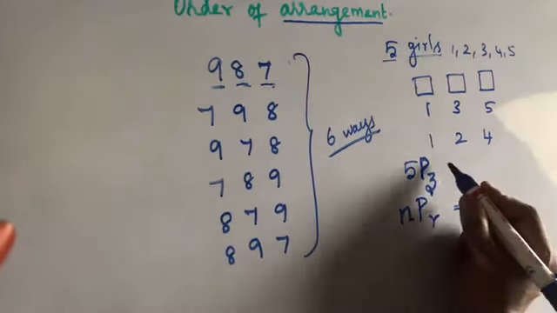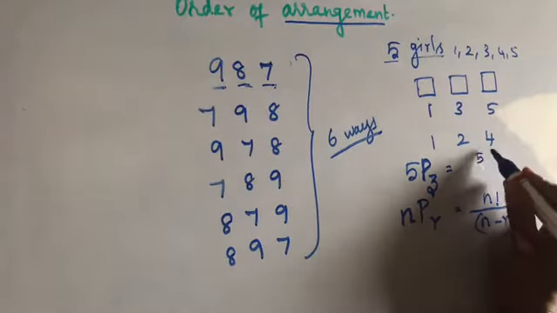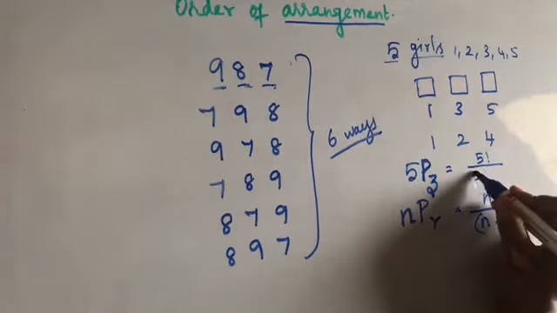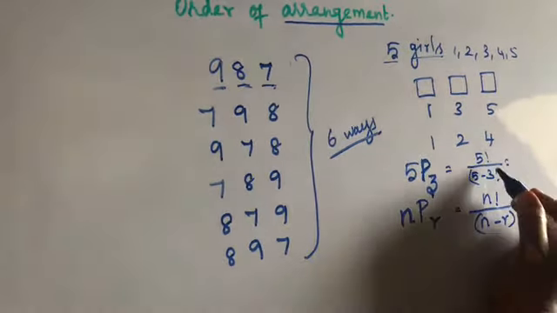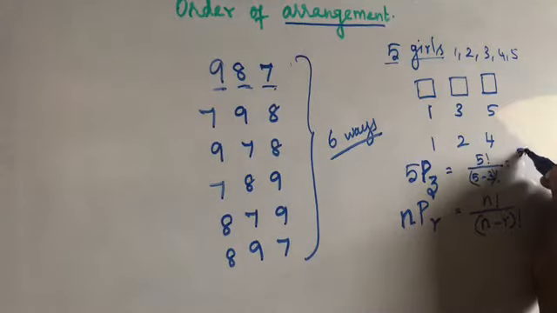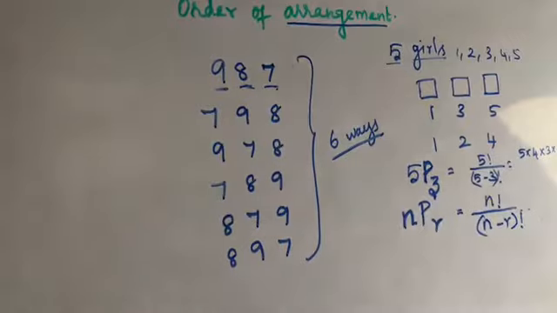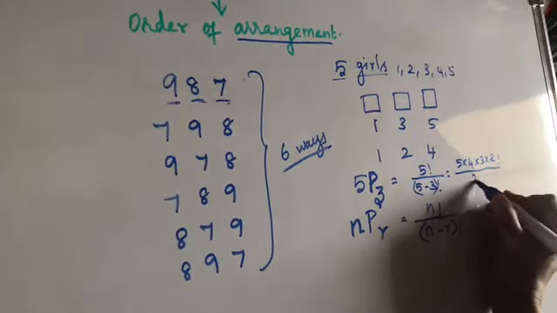Shall we calculate now? So 5P3 is equal to 5 factorial divided by (5 minus 3) factorial. 5 minus 3 is 2. So 5 into 4 into 3 into 2 factorial divided by 2 factorial.